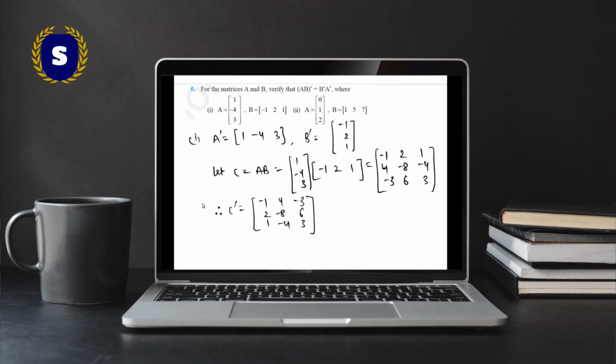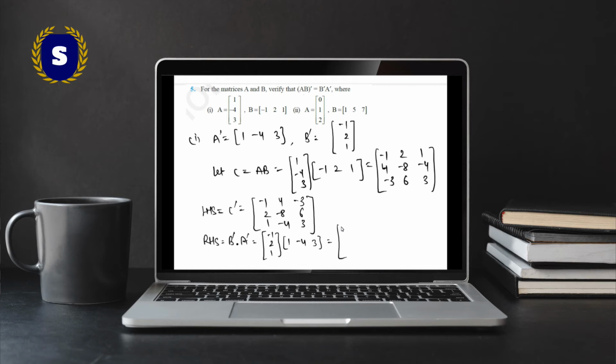This is our LHS. So let us write down LHS here. And for RHS we have B transpose multiplied by A transpose. Minus 1, 2, 1 times 1, minus 4, 3.